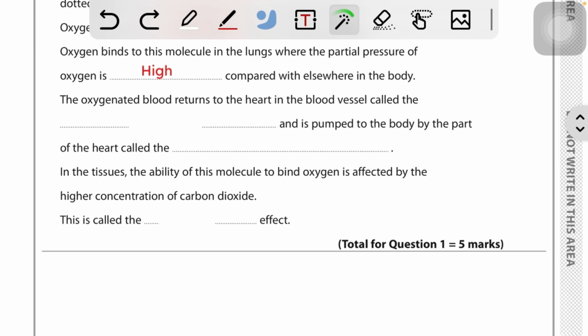By the pulmonary vein. It's the only vein which carries blood towards the heart, right? It's the pulmonary vein. It goes from the lungs to the heart, and it brings oxygenated blood from the lungs to the heart. Pulmonary vein.